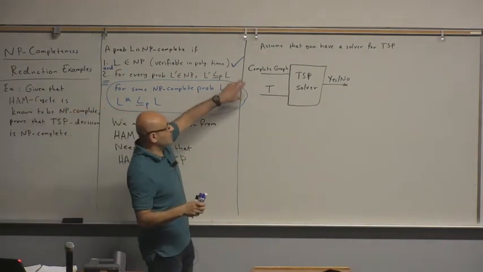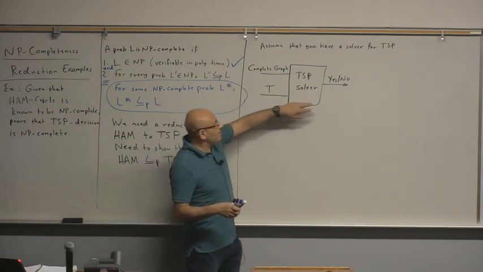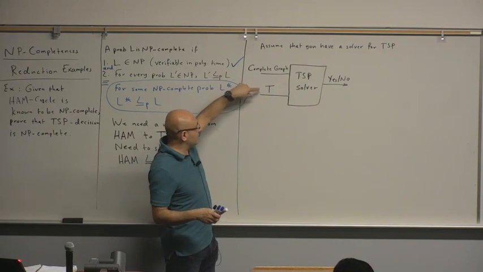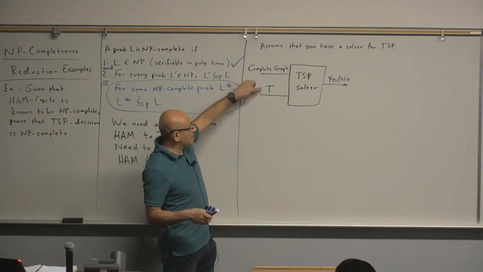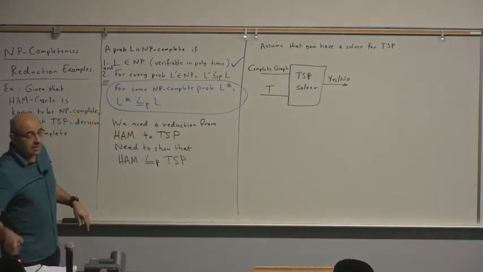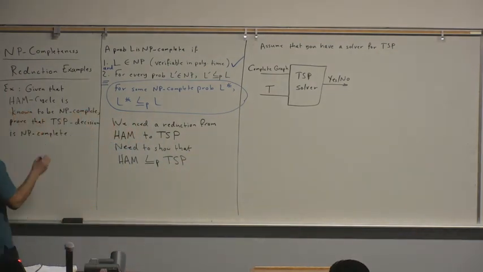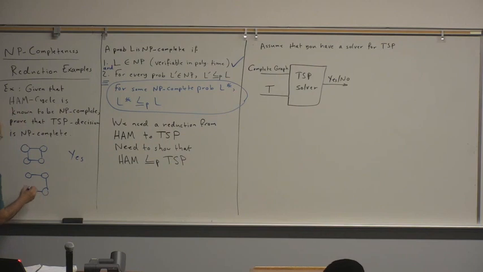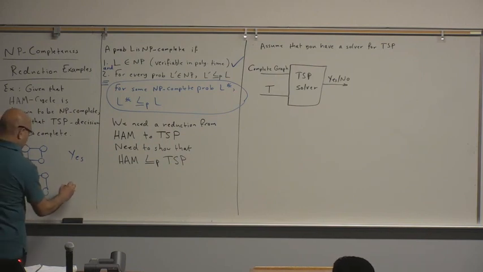I give it a complete graph and a target, and it tells me whether there is a simple cycle with cost equal to the target or less. Now, how can I use this to solve the Ham cycle problem? How can I use it so that if I give it this, it's going to tell me yes, and if I give it this, which is not Hamiltonian because it doesn't have all the edges, it's going to tell me no?